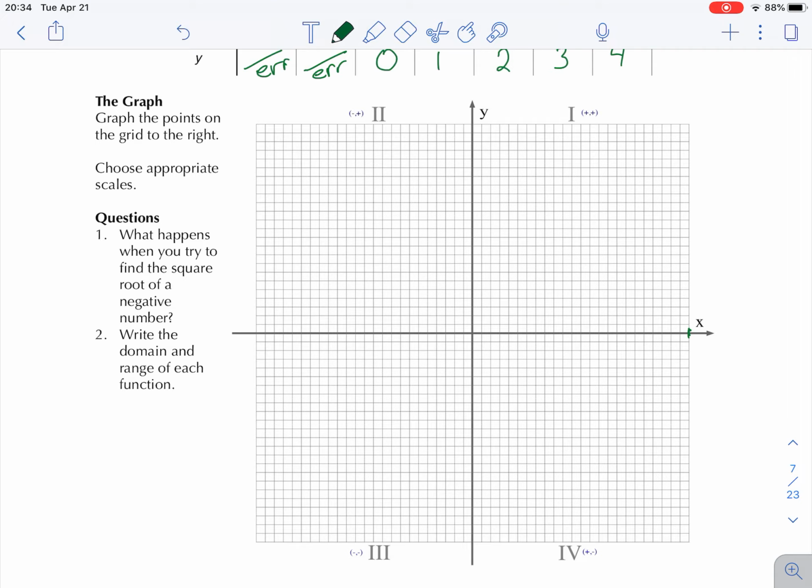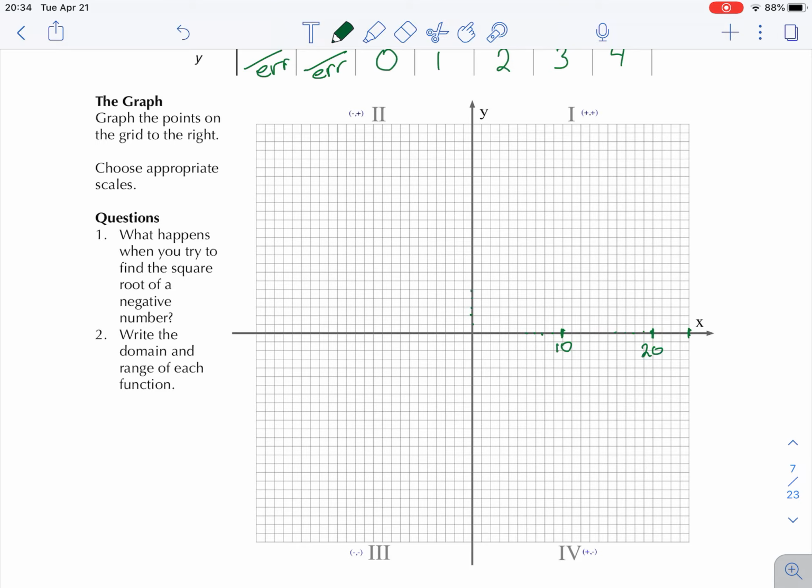Now looking at this grid, the grid goes up to 24 on each side. So we're just going to make every square worth 1. I'm going to put a mark at 10 and a mark at 20 just to help me out here.